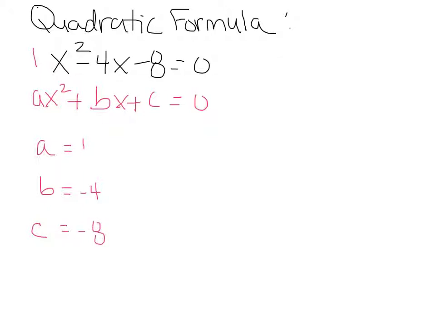And now here's the new part. The new part is using the quadratic formula. Quadratic formula is actually the easiest method of finding the solutions to a parabola, but it's the longest. So here's the formula.